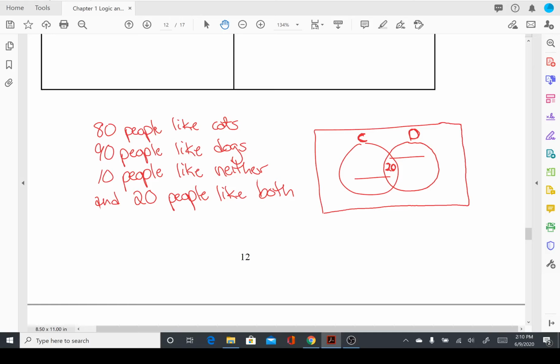We know that 90 people total like dogs, so we have to figure out how many people just like dogs. 20 people liked both, 90 people total, so this total is 90. If I wanted to fill this region out, I'd put a 70 in here for the just dogs.